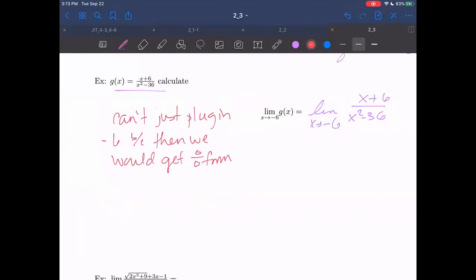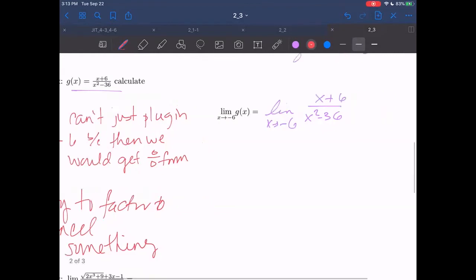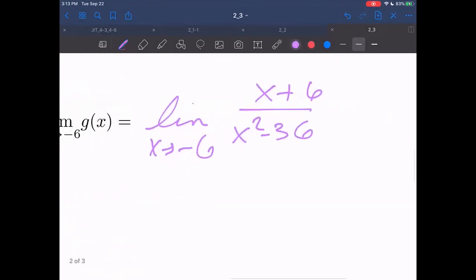So that's when we try to cancel something. So we try to factor to cancel something. Generally, whatever is causing it to be 0 over 0. So we'll factor the denominator.